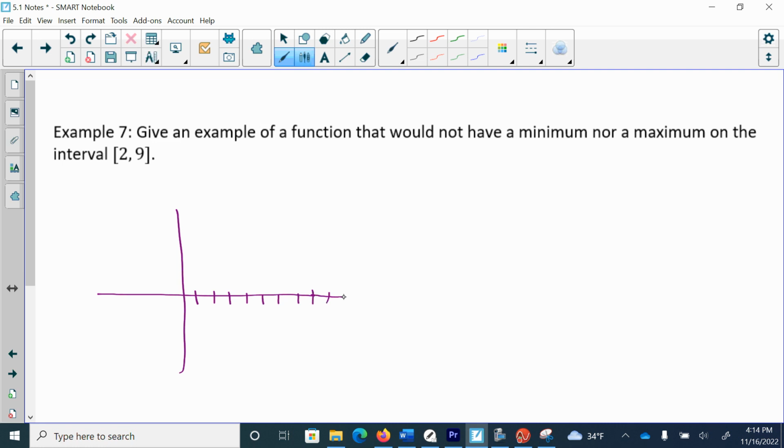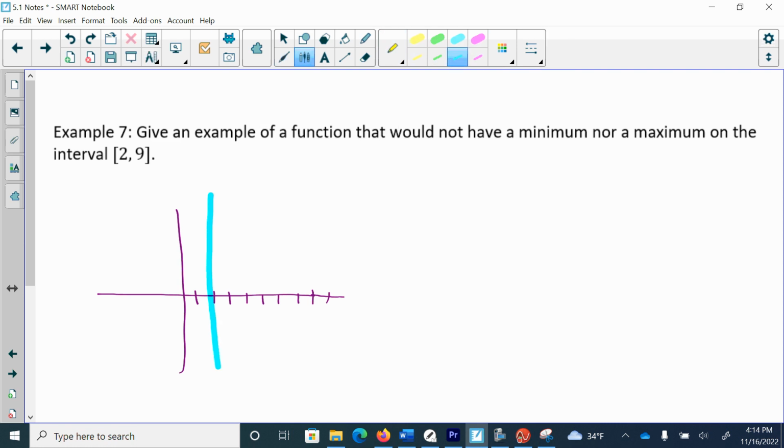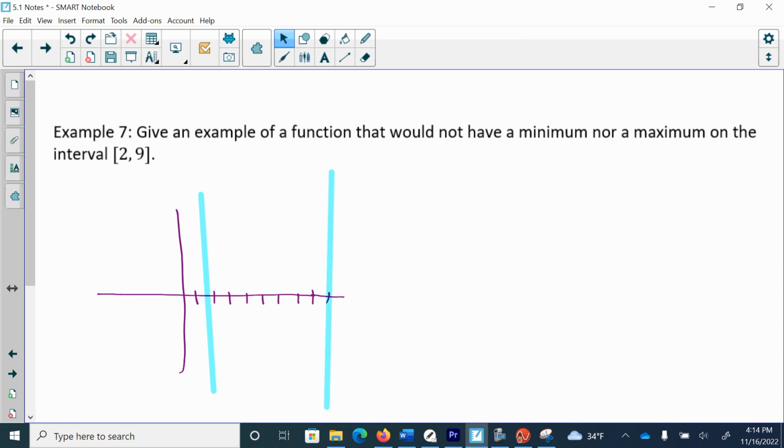I'm going from 2 to 9. And oh, that's really not even close. And I want to have a function that would not have a min or a max. And it's a closed interval, which means the endpoints count.